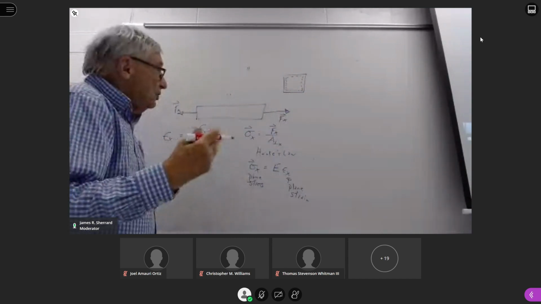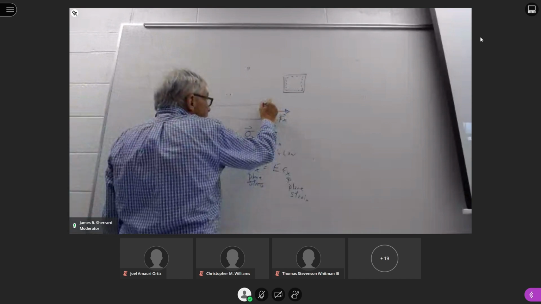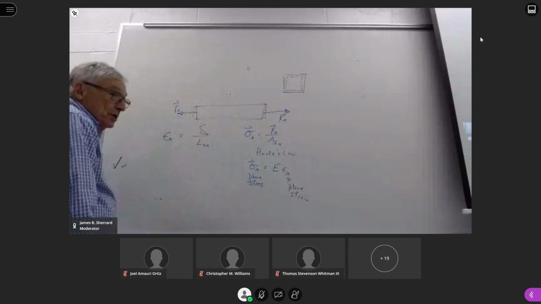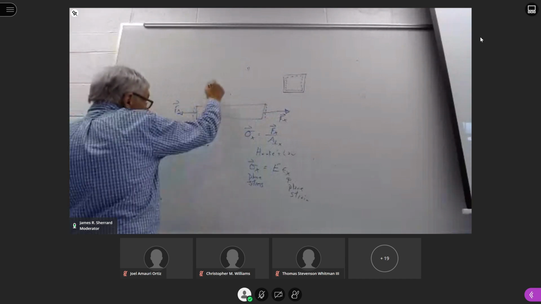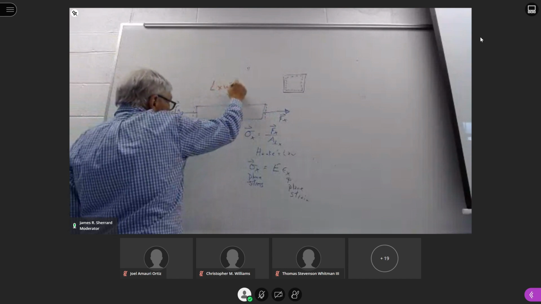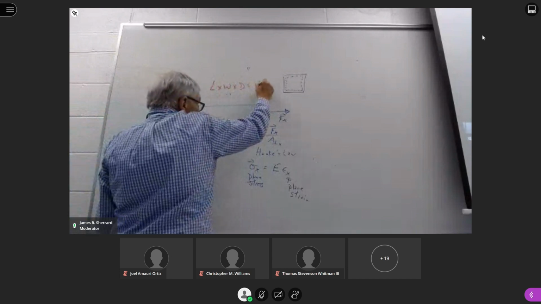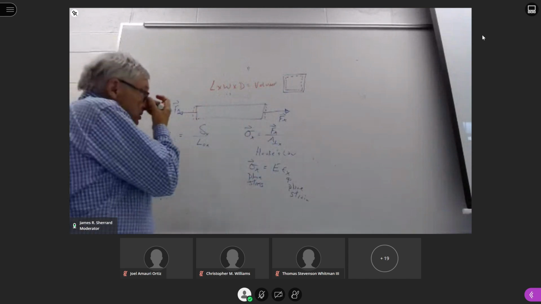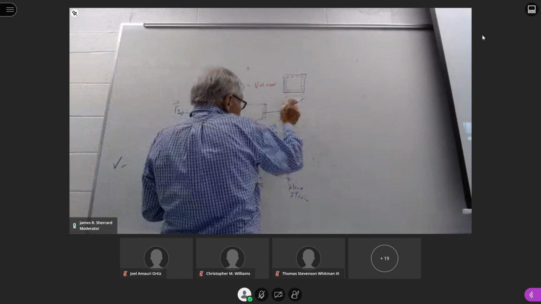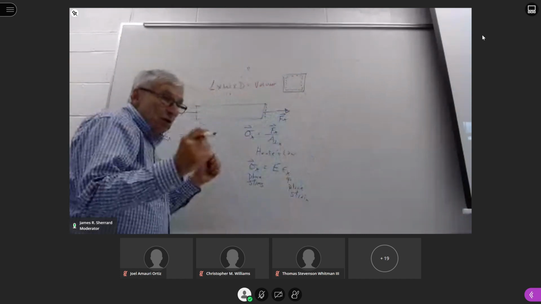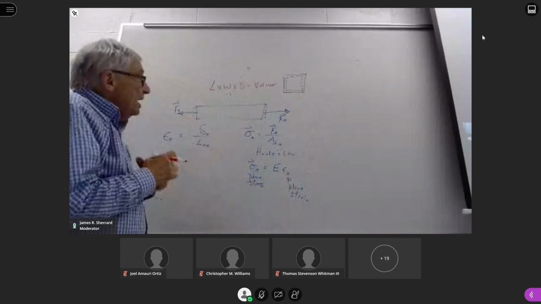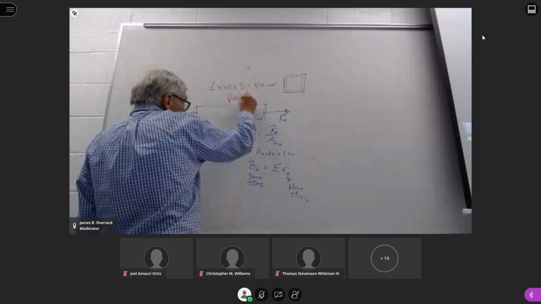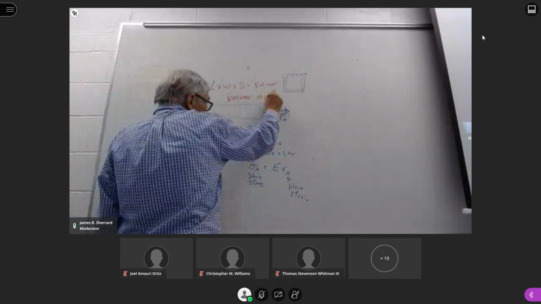In order to account for the total volume, we know that this length increases a little bit, because the length times the width times the depth, which is the volume, remains constant. So in this case, if we put this in tension, these two dimensions shrink. Therefore, this dimension has to elongate because the volume is constant.